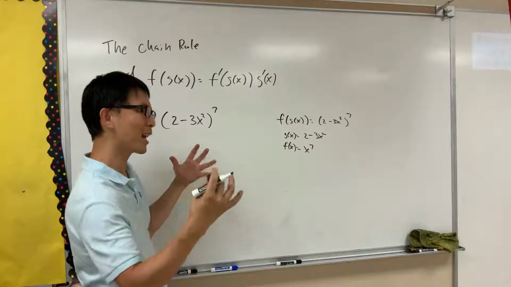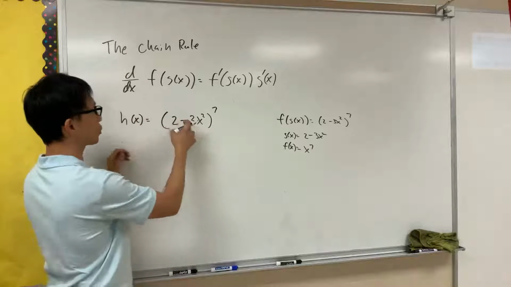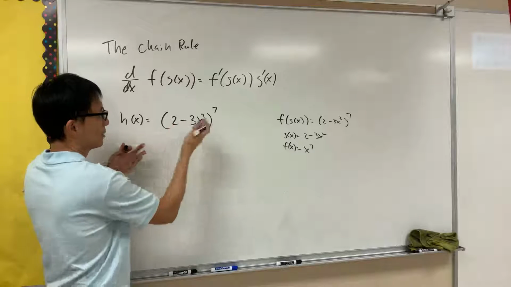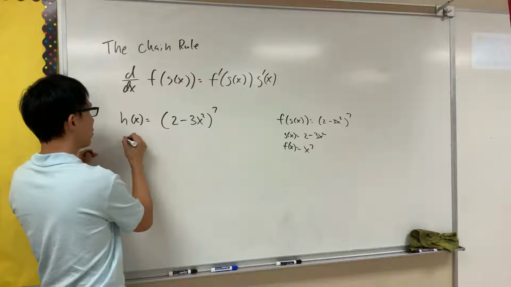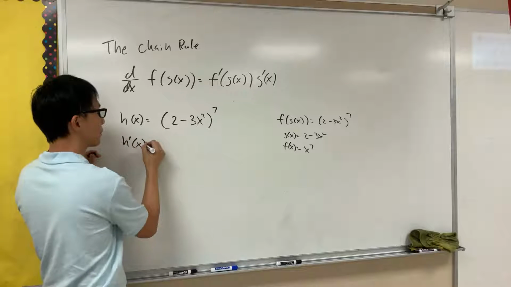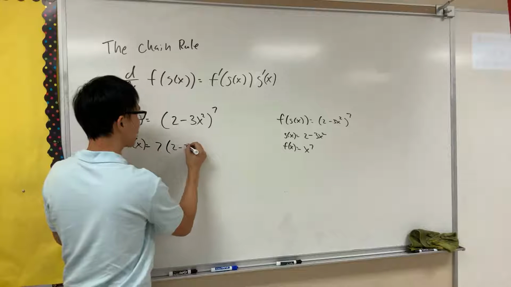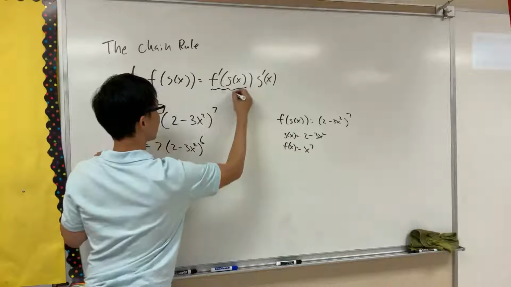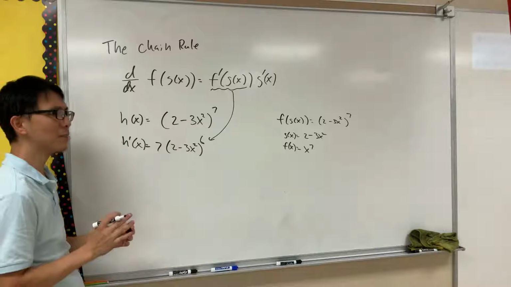But we're not going to say it's x to the 7 because the inside material is not x. So we're going to treat this like a big u. We can say this part is u and just take the derivative of u to the 7. If I take the derivative in this case, I bring down the 7 times 2 minus 3x squared to the 6, which is, I just did this part. Does that make sense?